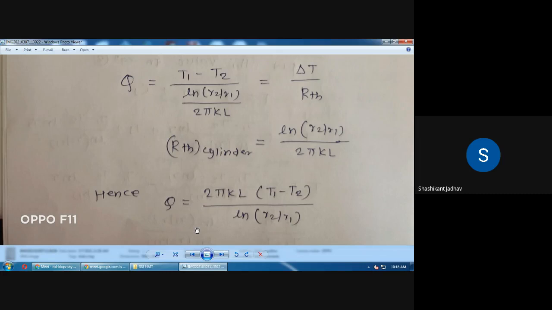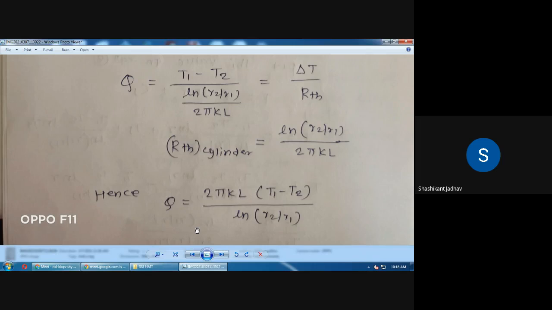So by using this equation we have to calculate the rate of heat transfer through the cylinder. सिलेंडर मधून किती हीट ट्रान्सफर होत आहे ते कसं फाइंड आउट करायचं बाय युजिंग दिस इक्वेशन. Q is equal to 2 pi KL into bracket T1 minus T2 divided by ln of R2 by R1.